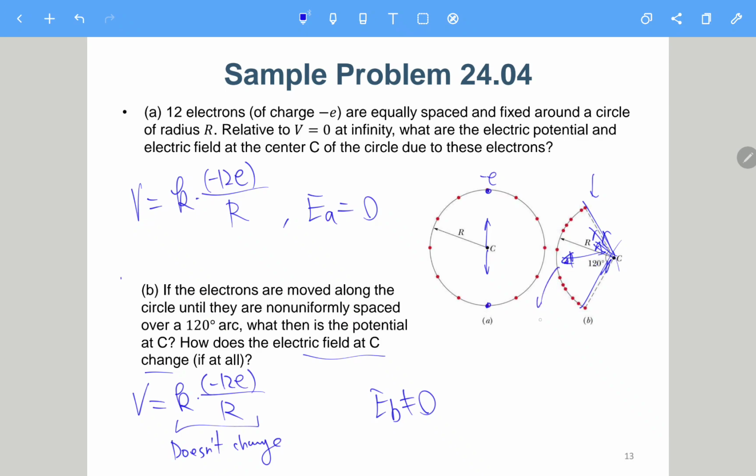This will be E_B. It won't be 0 because they have no possibility to cancel this component. Okay, so this sample just shows you electric potential is easy to calculate.